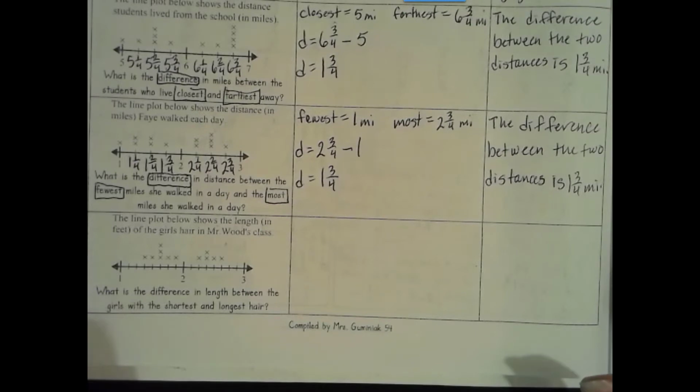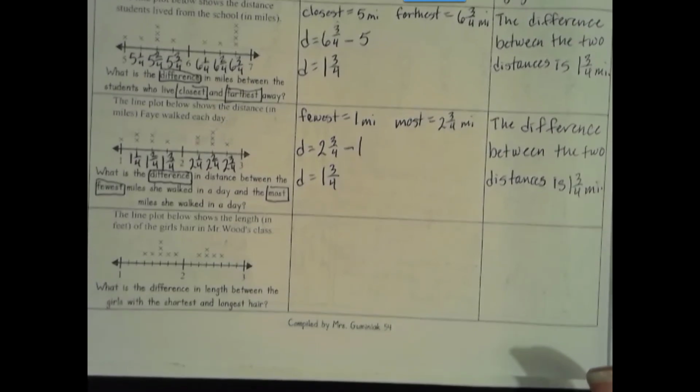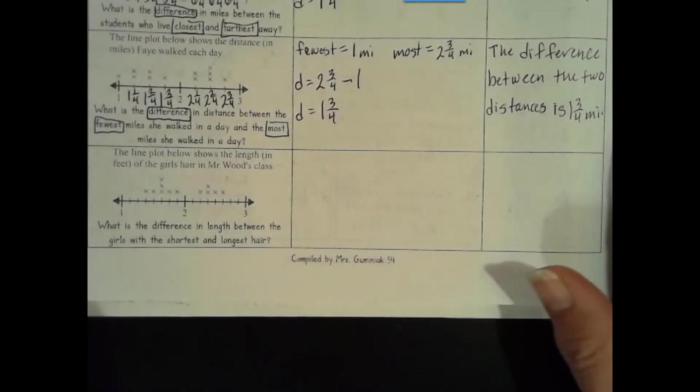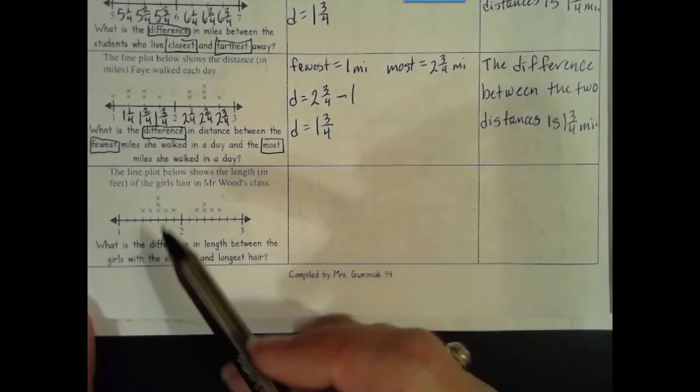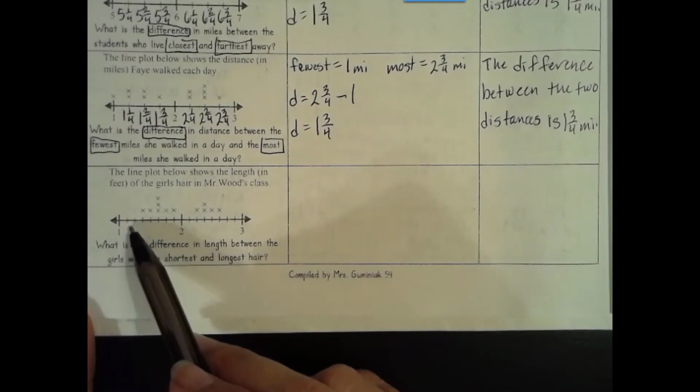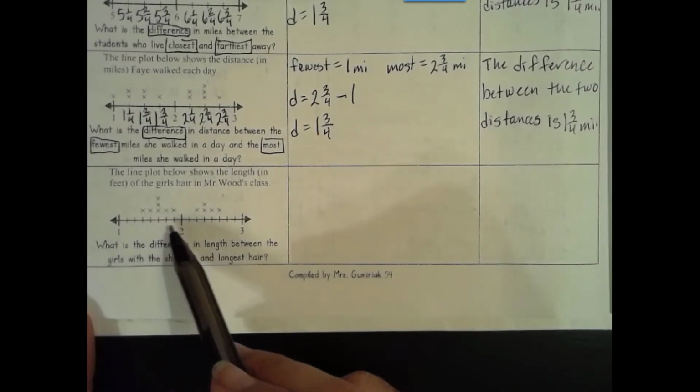Okay, here's our last problem. The line plot below shows the length in feet of the girl's hair in Mr. Wood's class. So here it's cut into 1, 2, 3, 4, 5, 6, 7, 8.